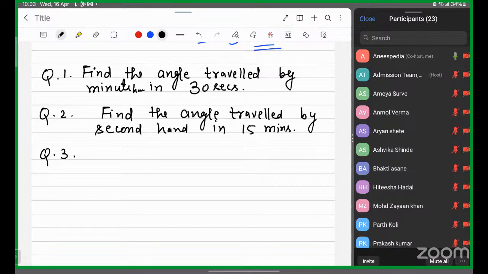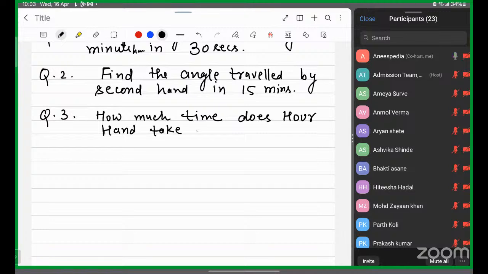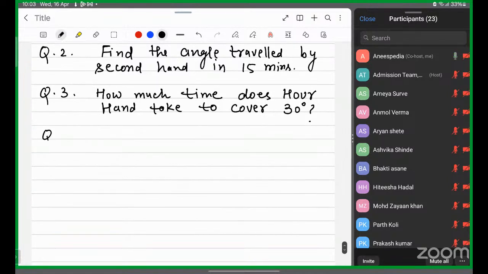Question number 3. How much time does the hour hand take to cover 30 degrees? Question number 4.